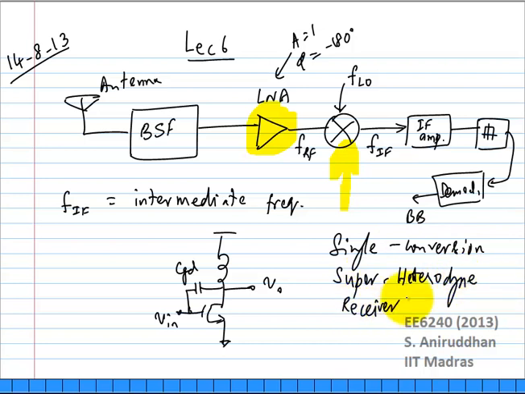Okay, this is called a single conversion super heterodyne system. Okay, so let us try to analyze this system to see what happens to the signal at different points.